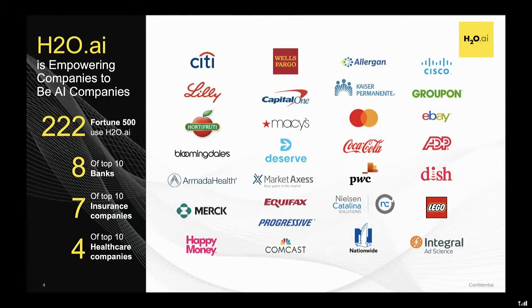H2O Open Source is used in most of those top banks and insurance companies, and they are running predictive models against all kinds of use cases to transform their businesses into AI businesses. Just as the internet became big, right now machine learning and AI are transforming industries.